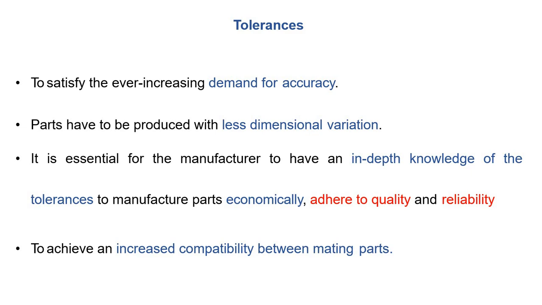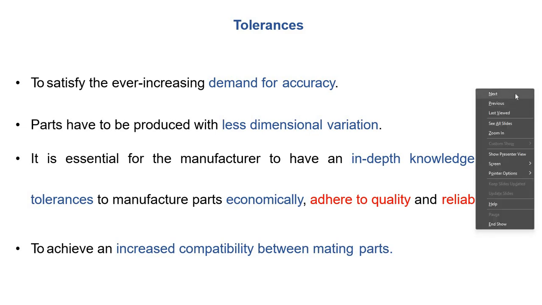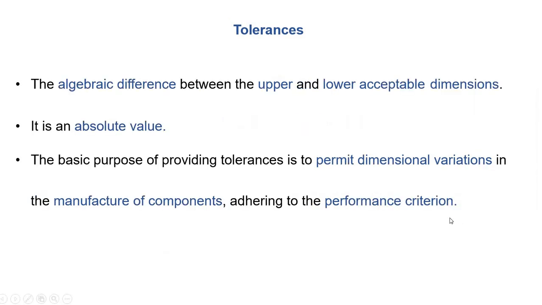To achieve increased compatibility between the mating parts, we use tolerances. Tolerances are the allowable size limit of any product so that it can be compatible with the increasing needs.